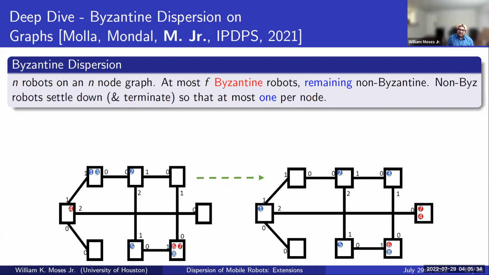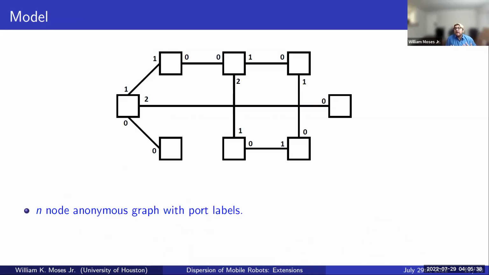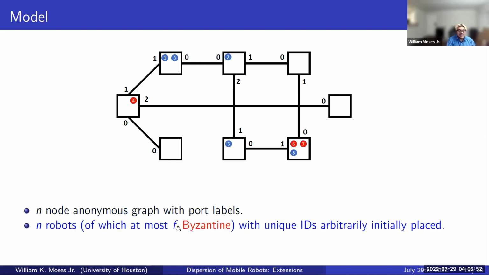So with this problem statement in mind, let's go into the model a bit more. Once again, an n-node anonymous graph with port labels. Here I've taken the port labels to be from 0 to small delta. So 0, 1, 2, 0, 1, 0. There are n robots, at most f of which are Byzantine. These circles are the robots. Each of them has a unique ID.